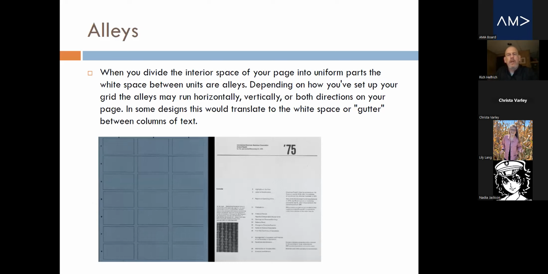So what you're seeing here is the division of a page into columns and rows. And one of the more challenging aspects of what I do is to get young designers to understand that the absence of information doesn't lack structure. Everybody wants to fill up a page.